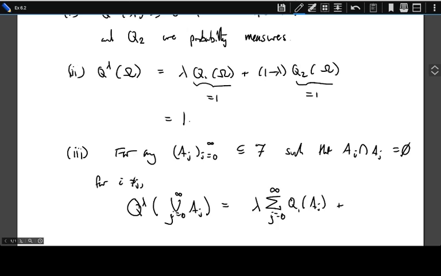This is additivity of those probability measures.